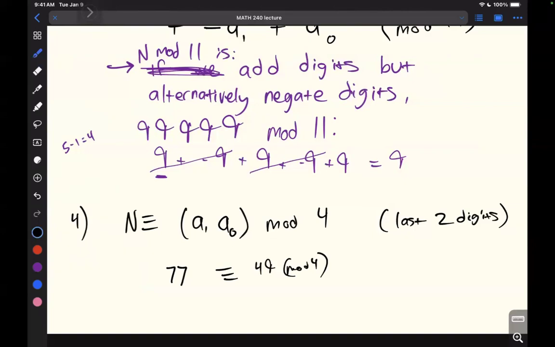77 is equivalent to 49 mod 4, and so now we just want to figure out what 49 is. How does this reduce? Can I do this on a 4-function calculator?